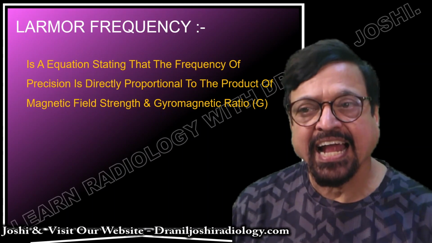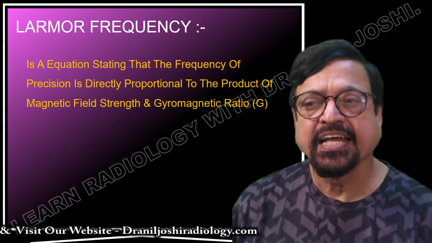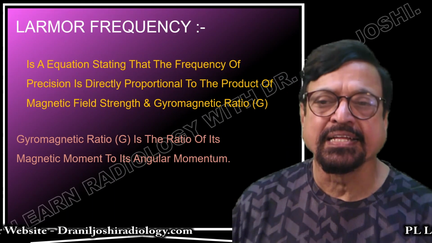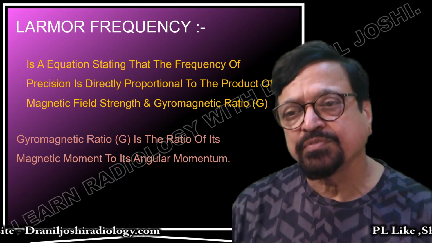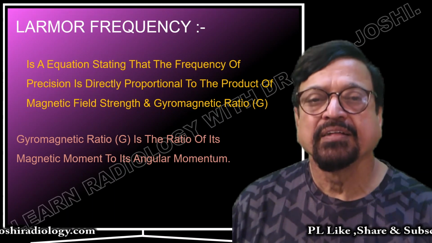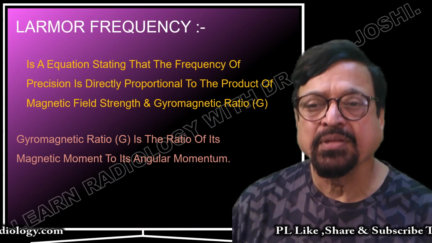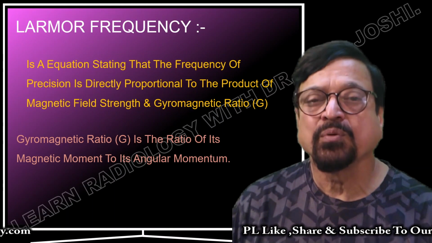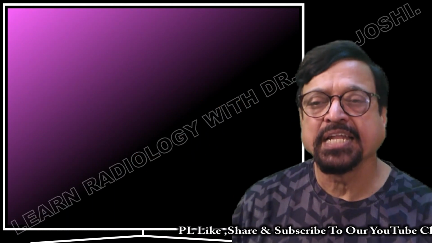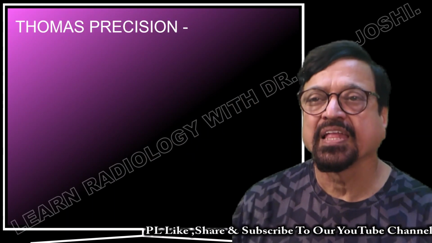Magnetic field strength, and second, the gyromagnetic ratio. The gyromagnetic ratio, referred to as gamma, is the ratio of the magnetic moment to its angular momentum. Now there is an angular momentum and there is gravitational force. We are going to demonstrate this principle with the help of a spinning top subsequently.